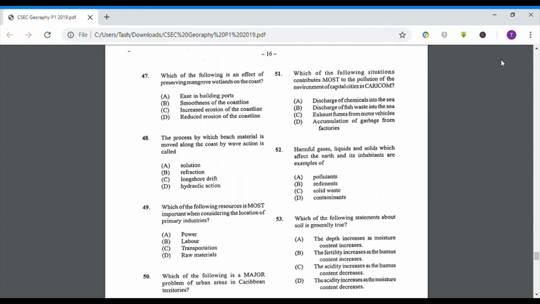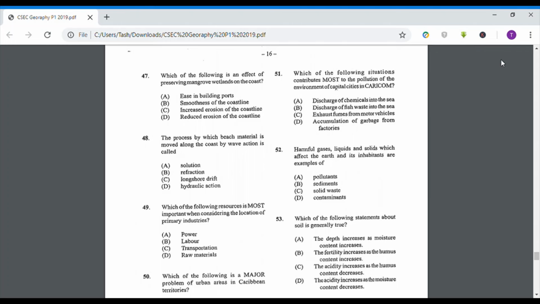Not a lot of that is taking place in capital cities in CARICOM in general, so I would not have picked that as the answer. For B, discharge of fish waste into the sea. Not a lot of the capital cities are utilizing those areas as fishing villages or areas to have so much fish waste to be disposing in the sea. So it would not be B either.